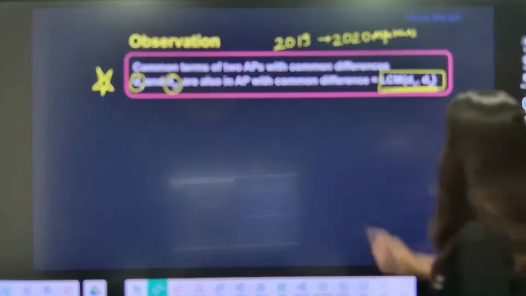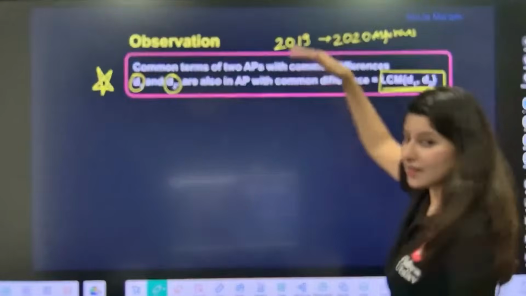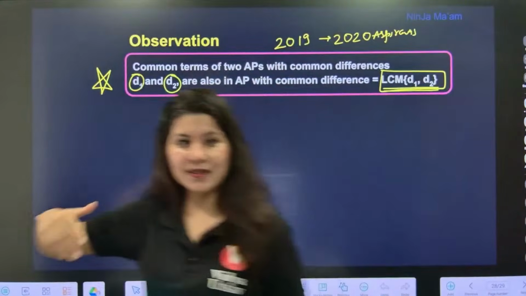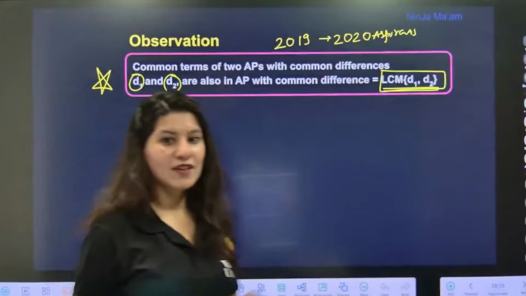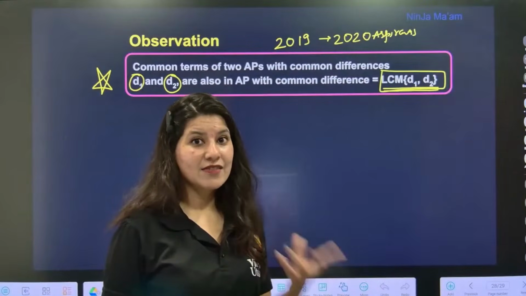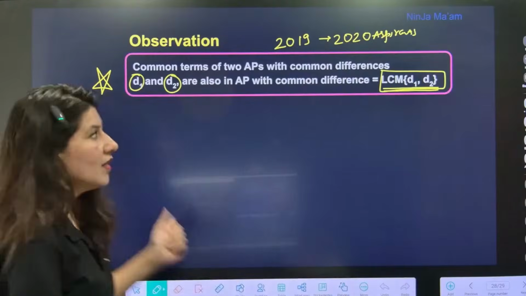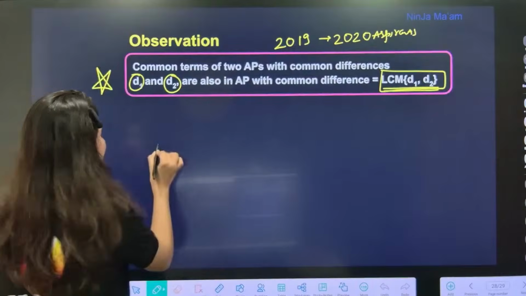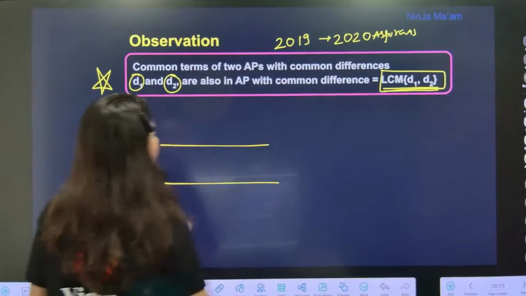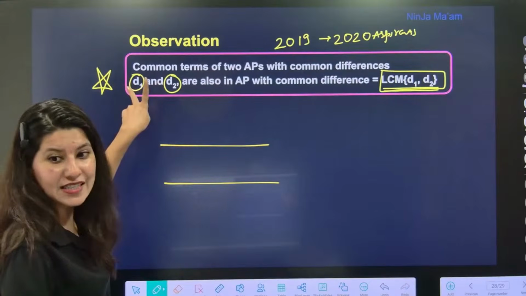See, I have written 2019 to 2020 aspirants. Basically, this PPT is from a lecture where I told that this is a very important format. Every year a question comes from this particular model. Suppose you have two different APs, AP number 1 and AP number 2, with common differences D1 and D2.